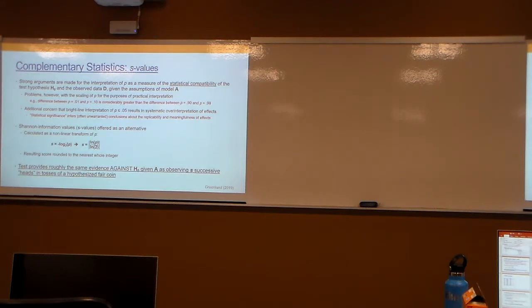And so one of the things that's been proposed, right, in this 2019 ASA article is just kind of throwing things out there. These are things that people have come up with, as adjuncts to null hypothesis testing or to replace null hypothesis testing.